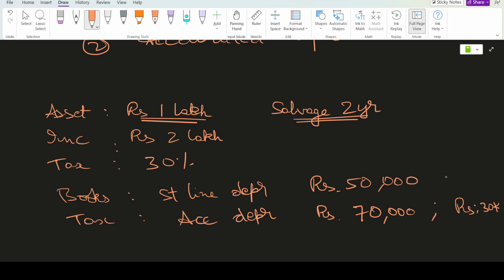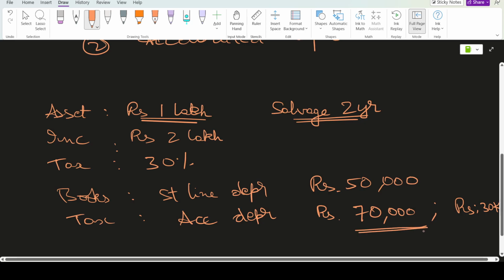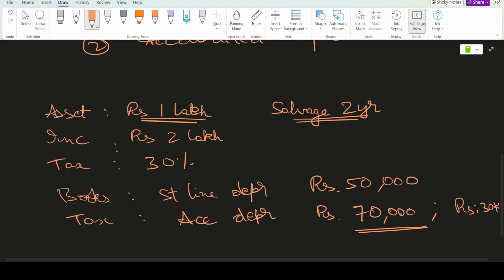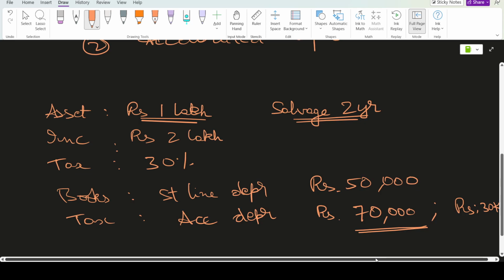We are doing 50-50 in straight line depreciation, cutting it into equal parts, but accelerated depreciation allows a higher amount of depreciation in the beginning, so that you cut down on the taxes in the beginning years and create a deferred tax liability, paying the taxes at the later stages, while in the earlier stages you use depreciation as a shield to avoid taxes.